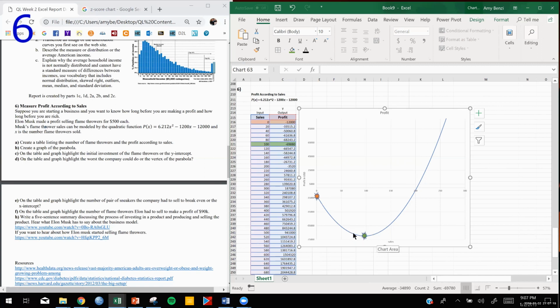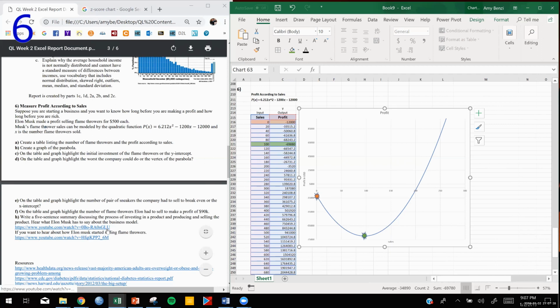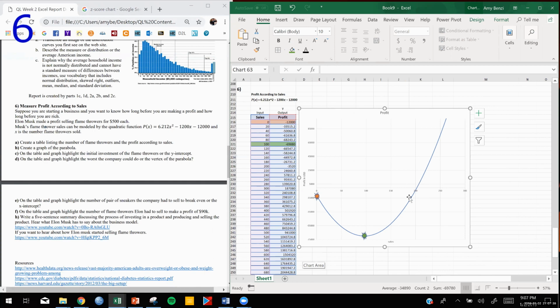And then if you just hold out and stay in there with it, you can start bringing your money back up. If you stick in and work hard, which Elon does go on to say that many people do not go on and work hard. And if you're just interested in the flamethrower business, here's another link. So you can use those two links if you want to. But I do encourage you to look at the business model. It's kind of neat to hear him talk about this actual parabola right on a video.